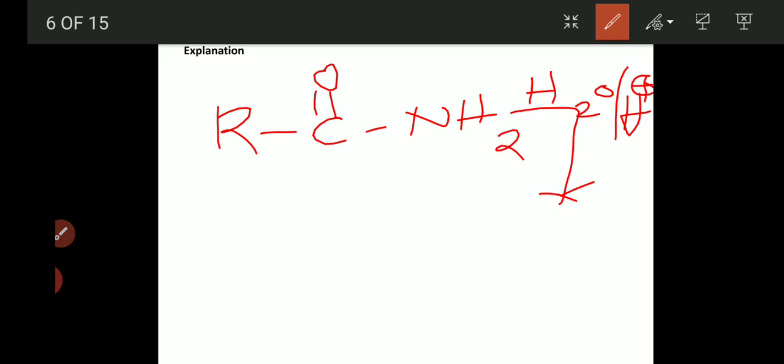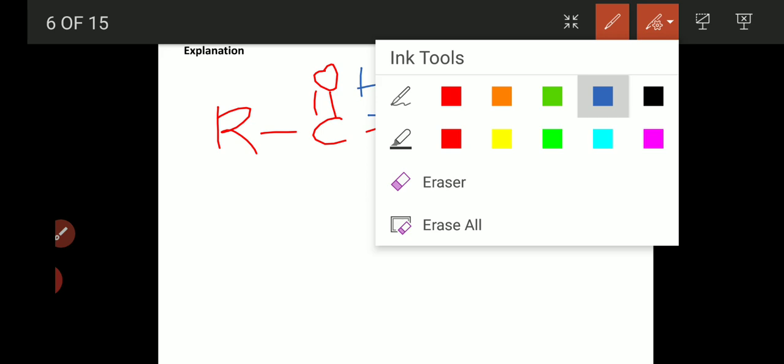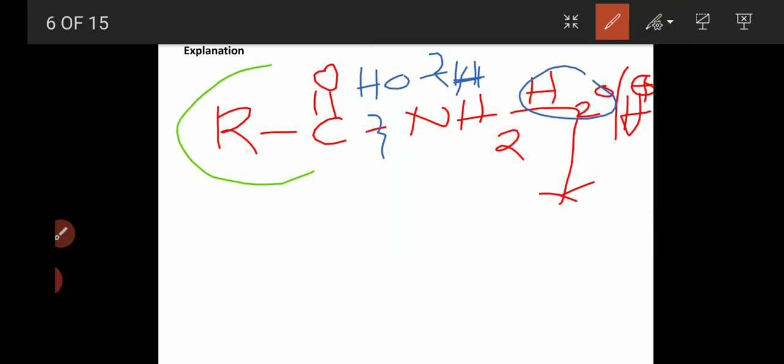So simply you can remember it like this: in presence of H2O it is happening, no? H2O is OH and H, that is HOH. Break this and connect these two parts.